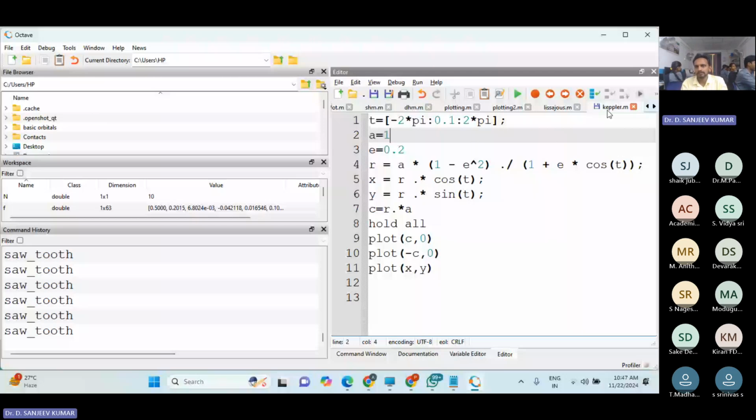Here the angular part varies from minus 2 pi to plus 2 pi. For ellipse, it is only 0 to 2 pi, but for parabola and hyperbola, there is a negative side of the curve also. So we have to take the theta part from minus 2 pi to plus 2 pi.